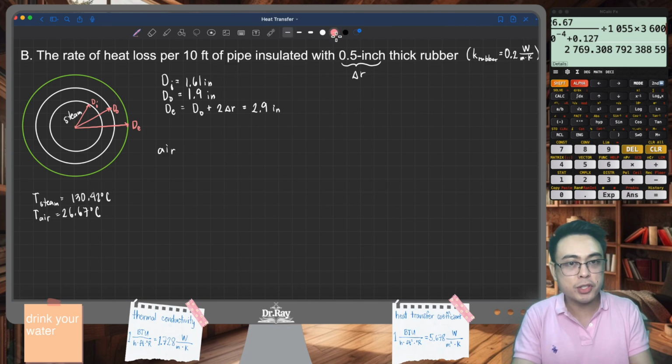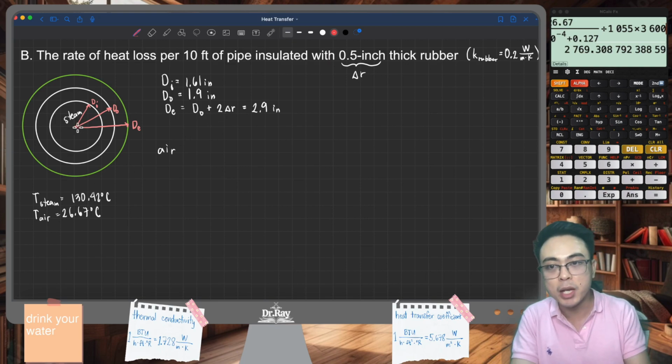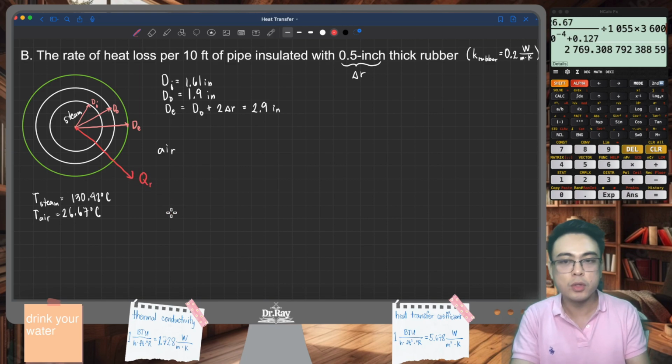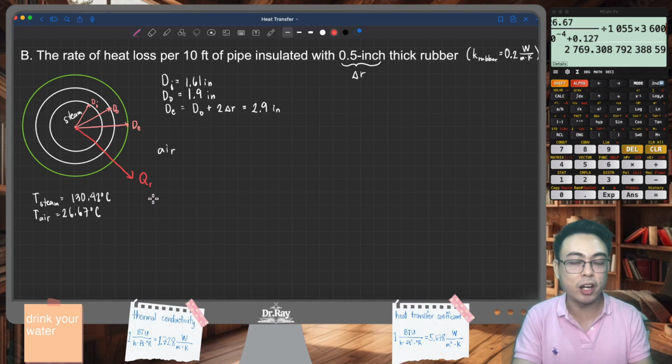Since those are still the same temperatures, we expect the direction of heat transfer to be the same. It starts from the high temperature and ends up with the low temperature. This is my Q sub R. The heat is being transferred in the radial direction.